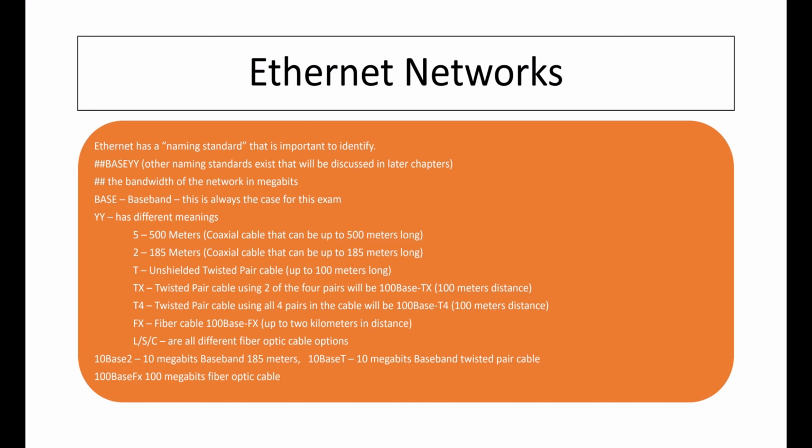T is unshielded twisted pair, and that is 100 meters. This is going to be a physical star, so it's 100 meters from, say, a workstation to the central hub or the central switch.